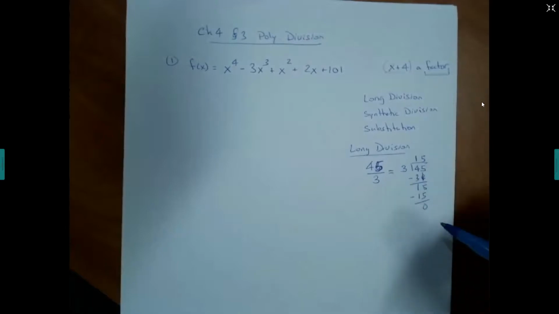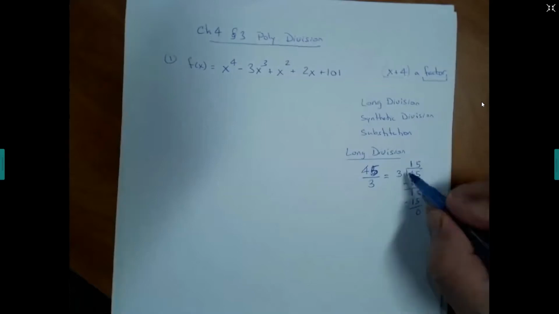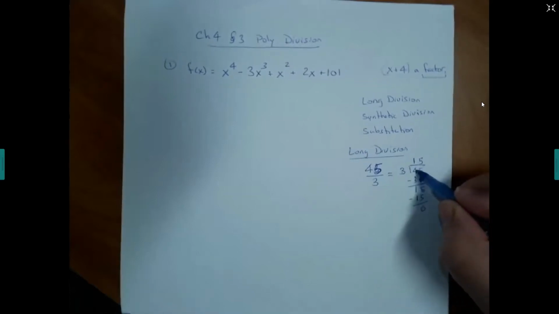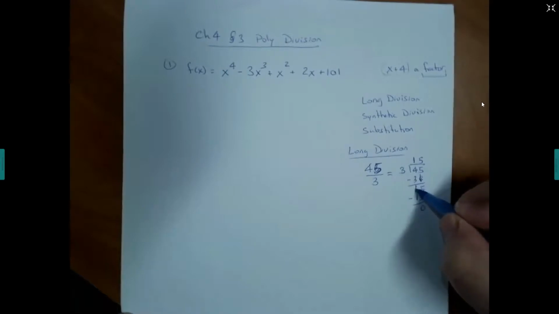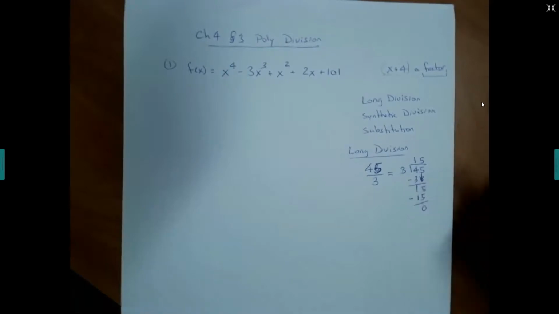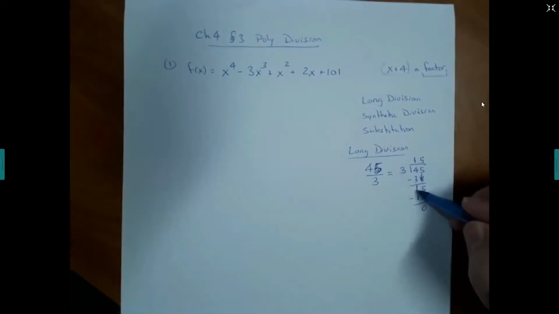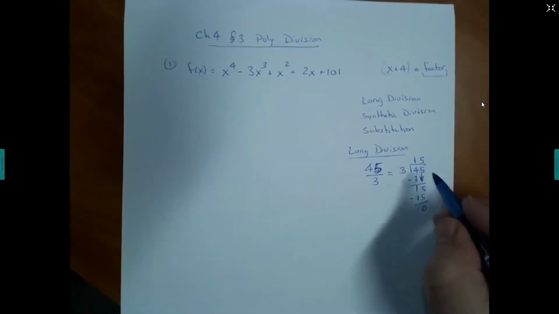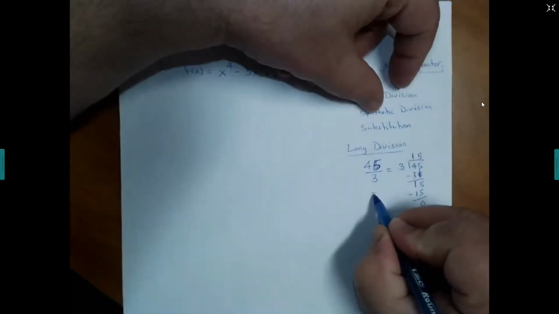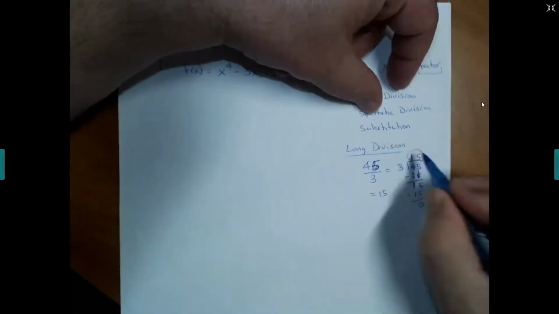So the first one, how many times does 3 go into 4? Once. So 1 times 3 is 3. We subtract those, we get 1, and then bring down whatever's left. So now how many times does 3 go into 15? 5 times, because 5 times 3 is 15. Subtract them, you get 0. So this answer, that's your solution.